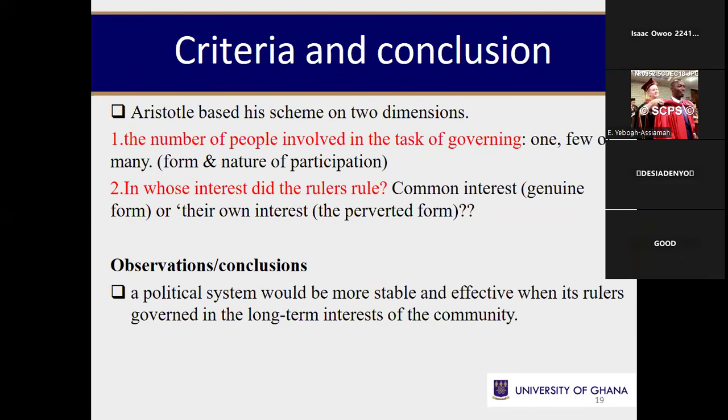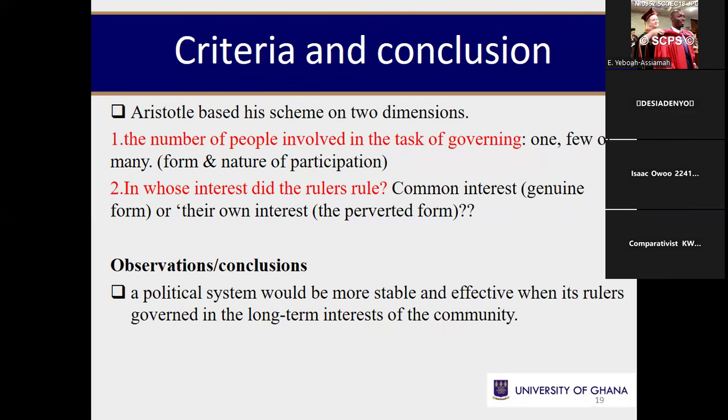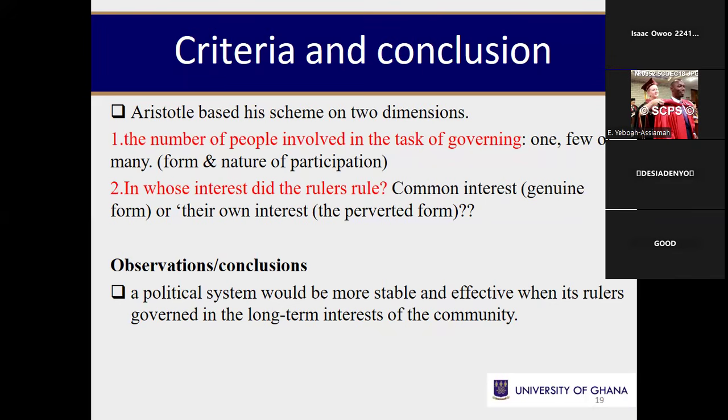Now, let's look at the observation. By the way, let me ask the question again. In the study by Aristotle, what did he seek to find out? Isaac: He sought to find out two things. The first one is the form: what is the system being used to govern? Is it one person rule or multi rule?